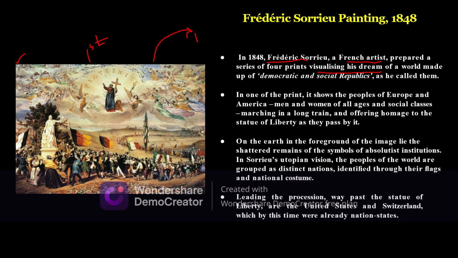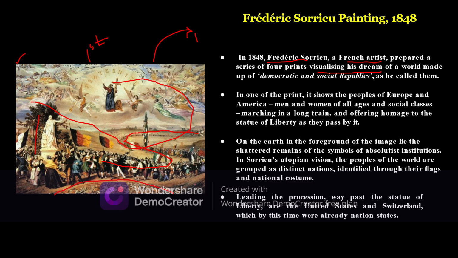So, as soon as we see this painting, what are we able to understand? First, we can see a lot of Christian figures in the sky, and we are able to see a statue, and we can also see a lot of people marching in a line, and it looks like they are paying some respect to the statue, and we can also see a few shattered remains on the floor.